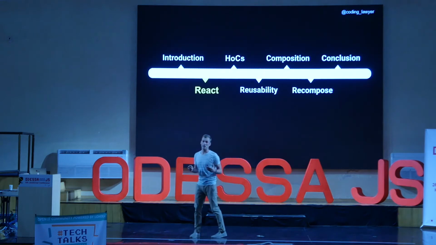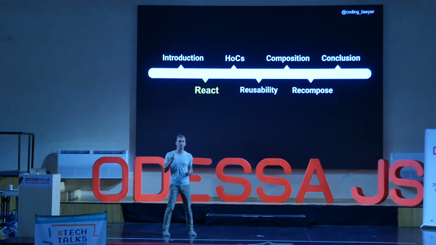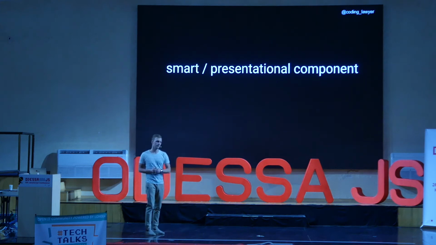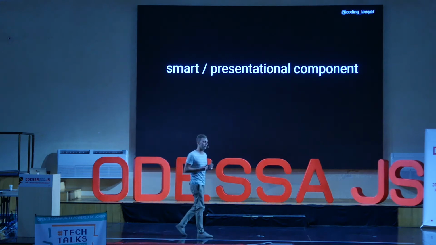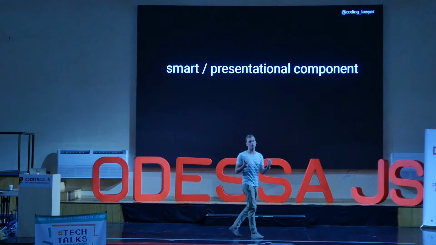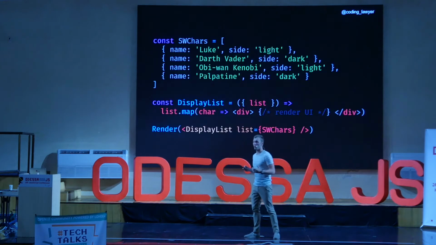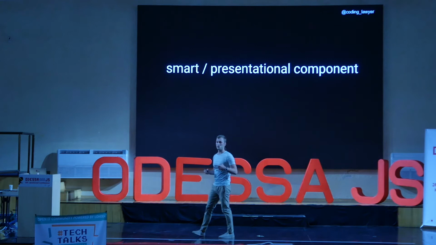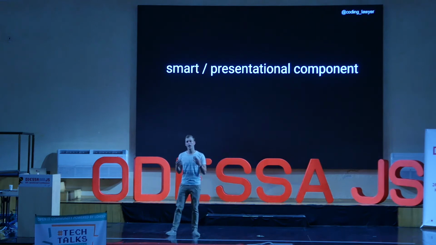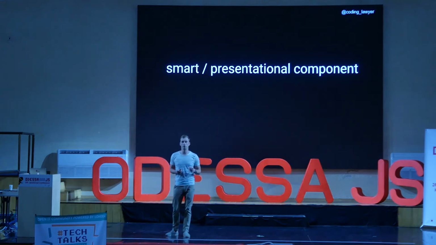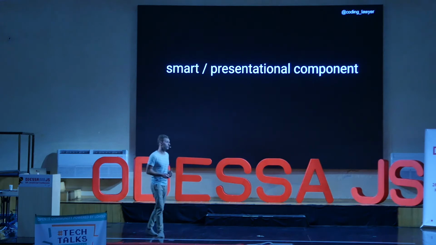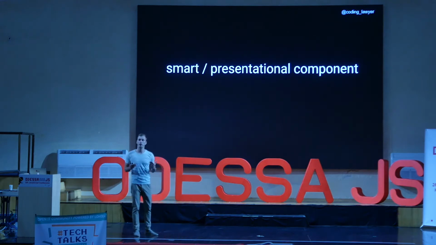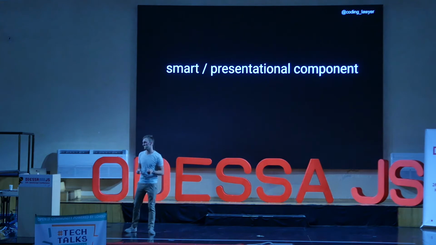And if you stick to this pattern, you should be defining your components as smart and presentational. Presentational component takes care only of the UI, is just a render method. On the other hand, smart component takes care of all your logic, all the API calls, data manipulations, event handlers. And if you need some more advanced logic, you will define your smart component as a class.